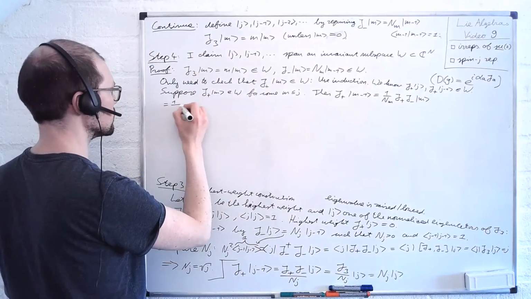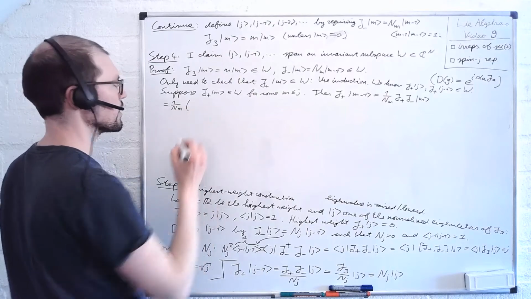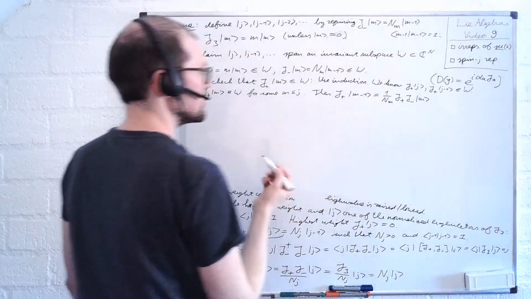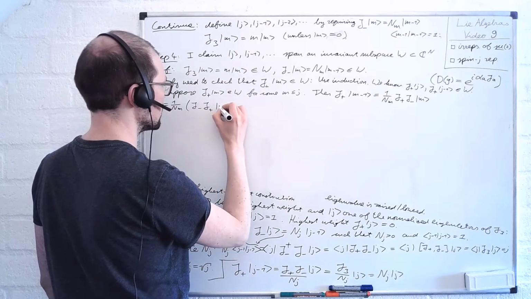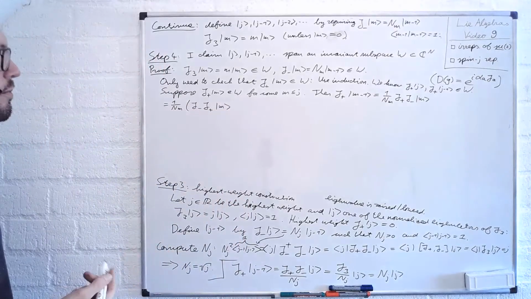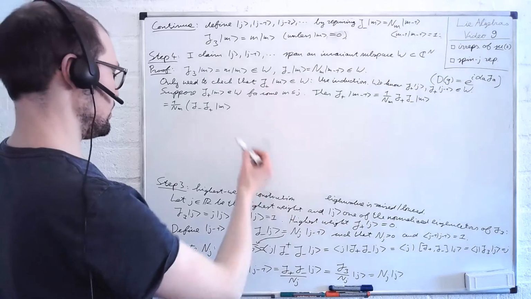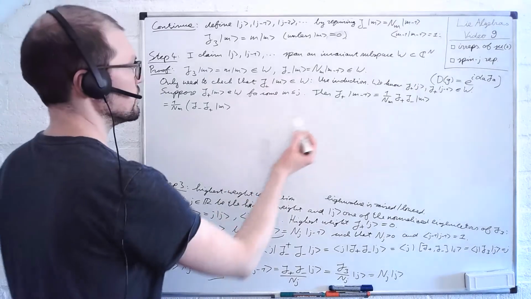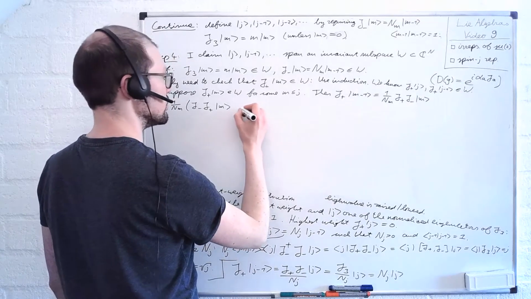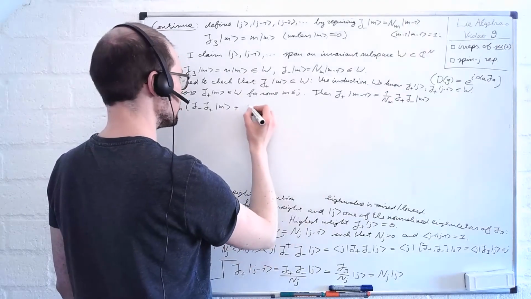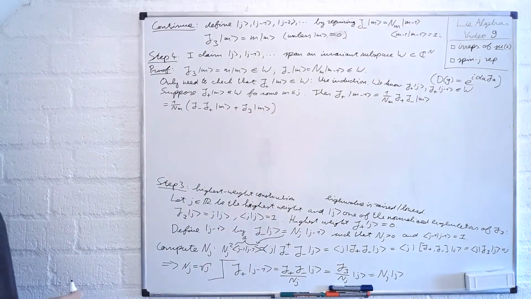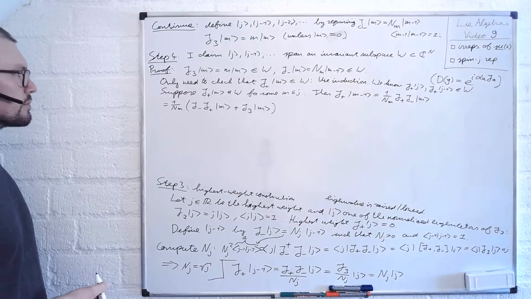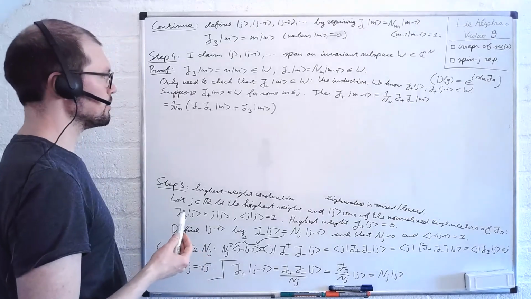So this is 1 over n m times J minus J plus acting on m, plus, from the commutation relation of J plus with J minus, J3 acting on m.